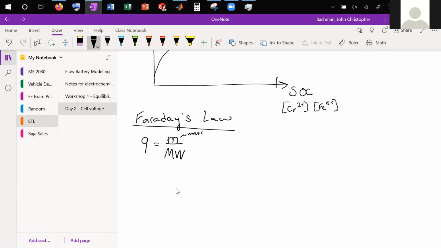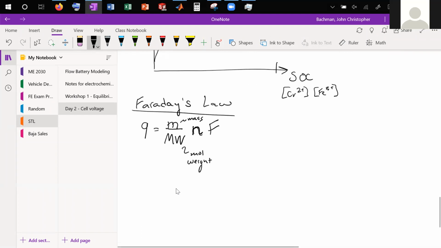So mass over molecular weight, times the amount of charge on each individual particle, n, times Faraday's constant.